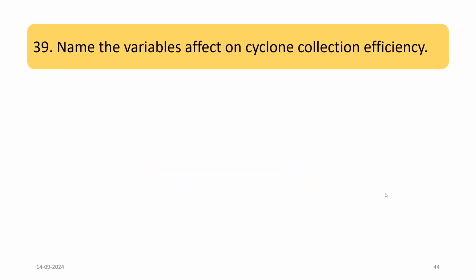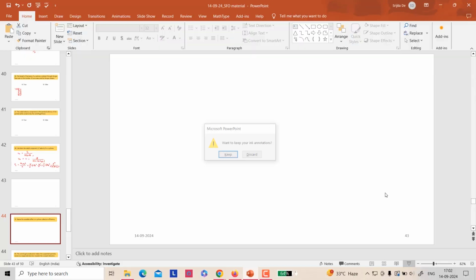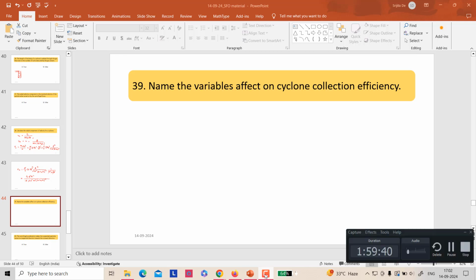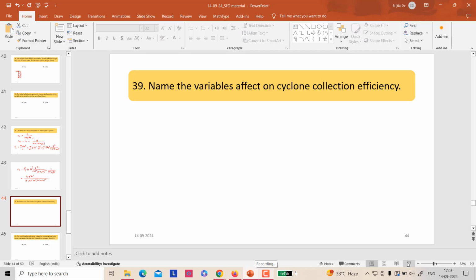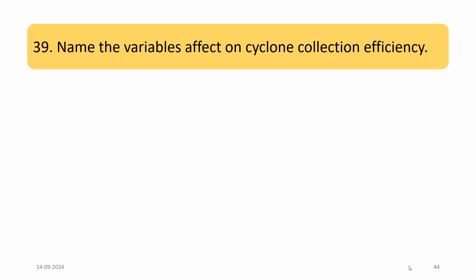Next, name the variables that affect cyclone collection efficiency. Name the controlling parameters which have an effect on cyclone collection efficiency. First is the particle size.